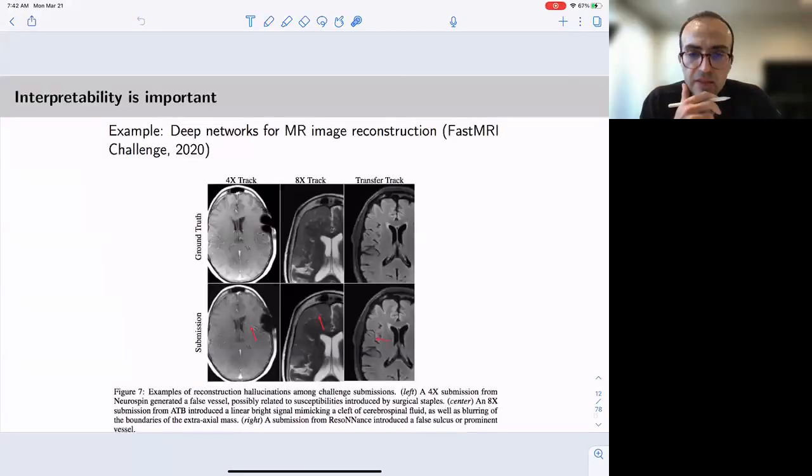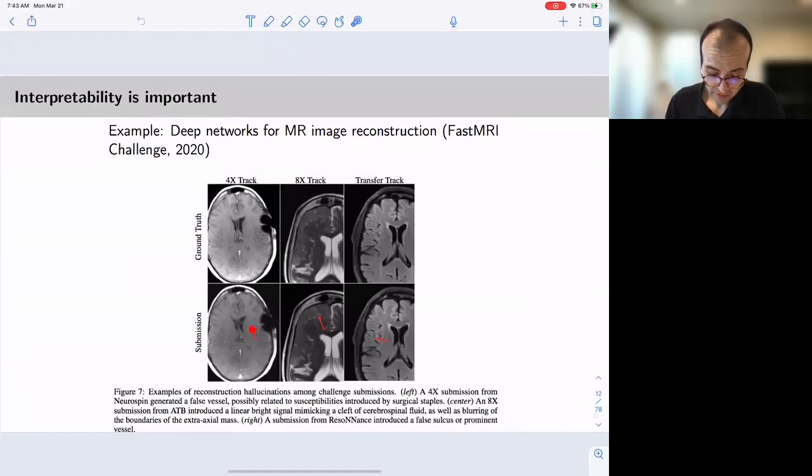Another example is from medical imaging. This is from the fast MRI medical magnetic resonance imaging challenge. So it's been shown that deep neural networks actually reconstruct images much more accurately, but there might be some problems. They can sometimes hallucinate textures. For instance, this vessel is a false vessel, meaning that it is not in the true image, but it is basically hallucinated by the neural network.